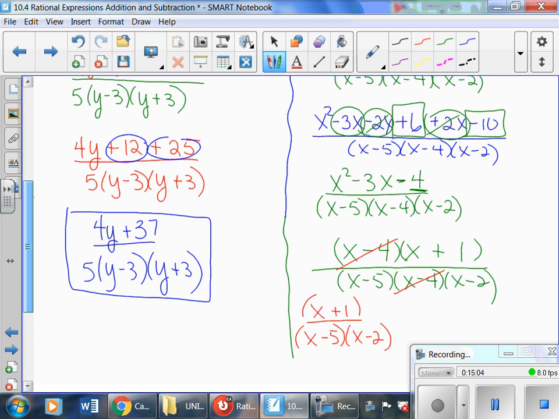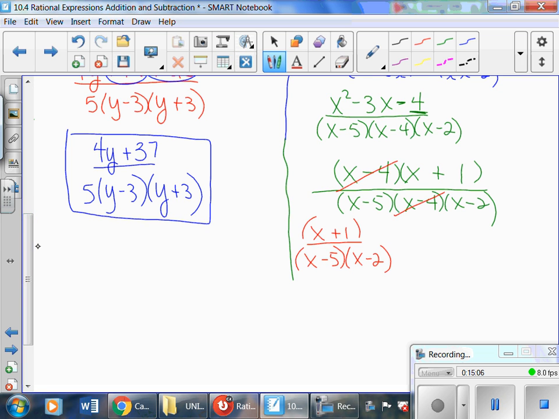Now, I'm just going to remind you, if this is a constructive response, you're good. If it's multiple choice, they could multiply the denominator out to get x squared minus 7x plus 10. So this one or this one would be an acceptable answer.